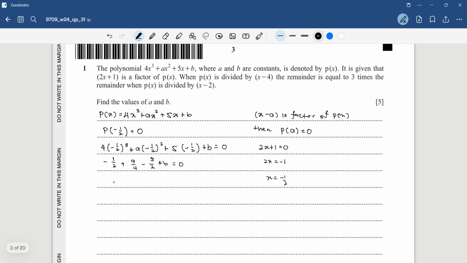So a over 4 plus b is equivalent to 3, so I can write a plus 4b equivalent to 12. This is my first equation.